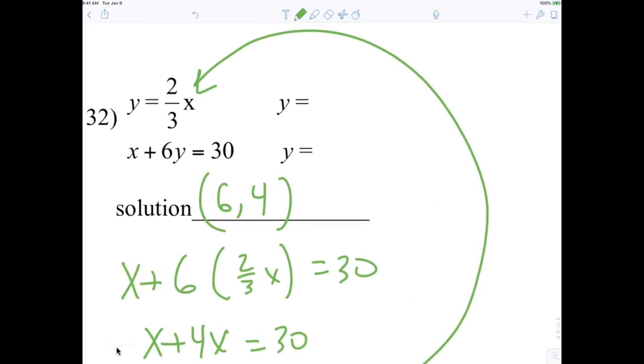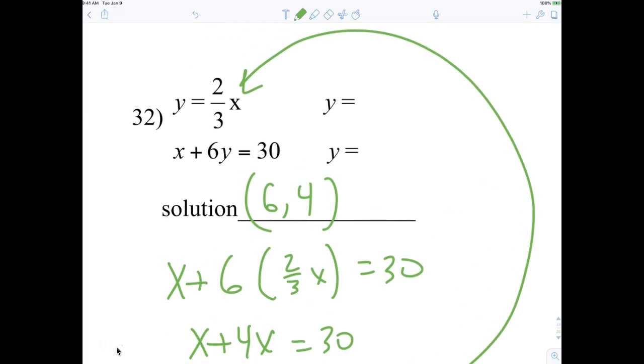Now, for question number 32, do I have to do anything with the 2/3 x? No. Nope. So y1 is just 2/3 x. Now, y2 would be minus x over 6. Beautiful. Everybody should be able to do that. Come on. Now, just double check it with your calculator.